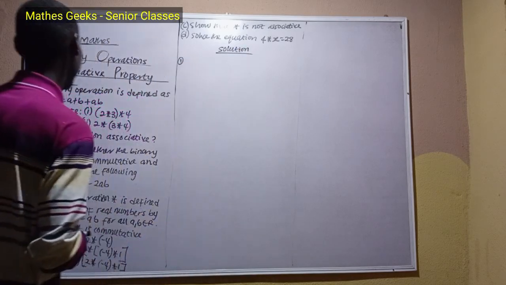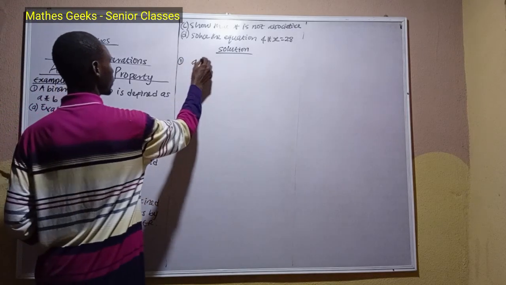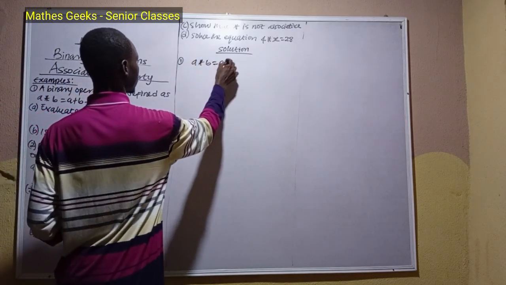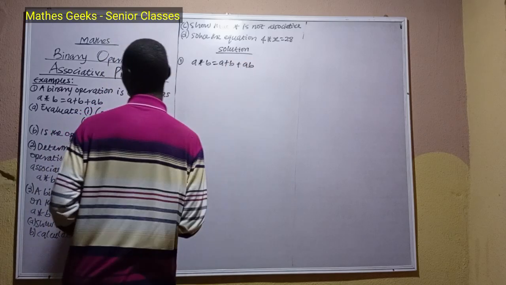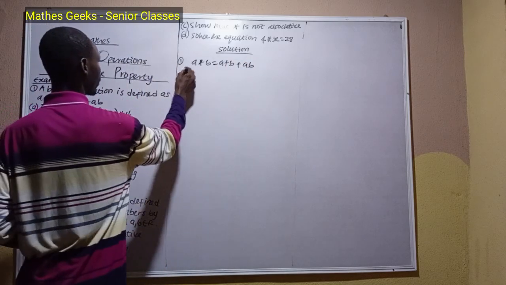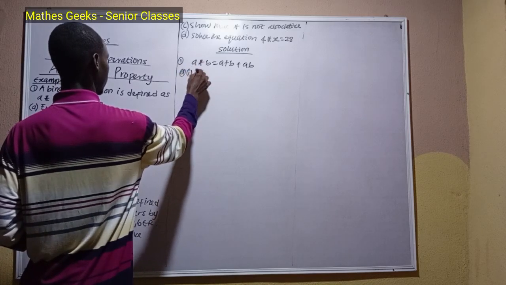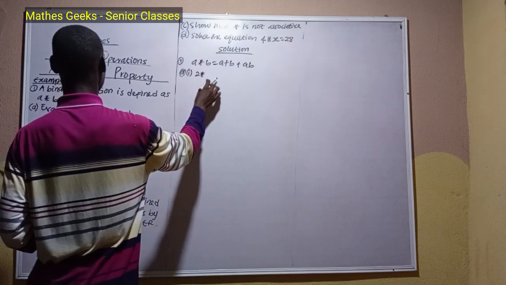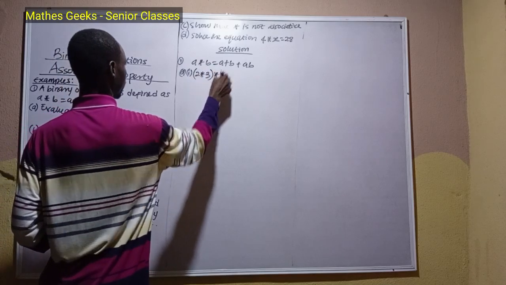The binary operation star is defined as A star B equals A plus B plus AB. Evaluate (2 star 3) star 4.